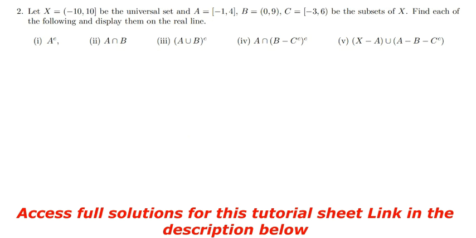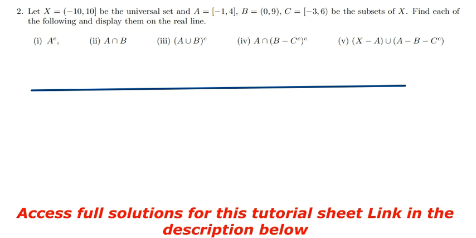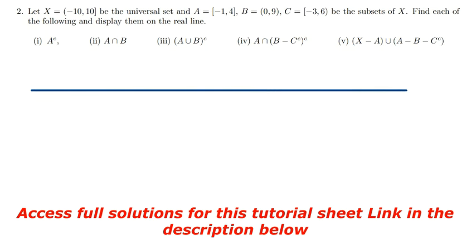Okay. So we have the universal set. In answering these questions, let's have the number line or the universal set. The universal set has elements starting from negative 10, not included, all the way up to 10.